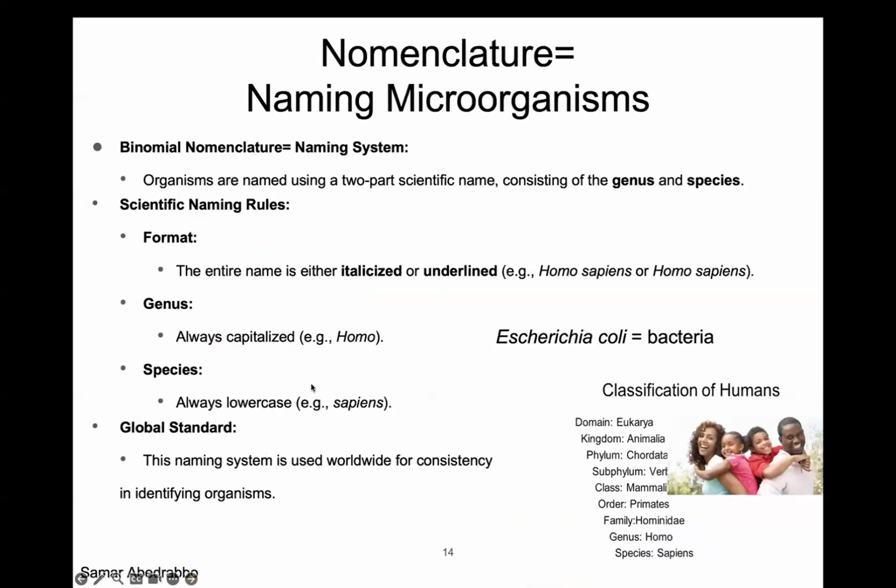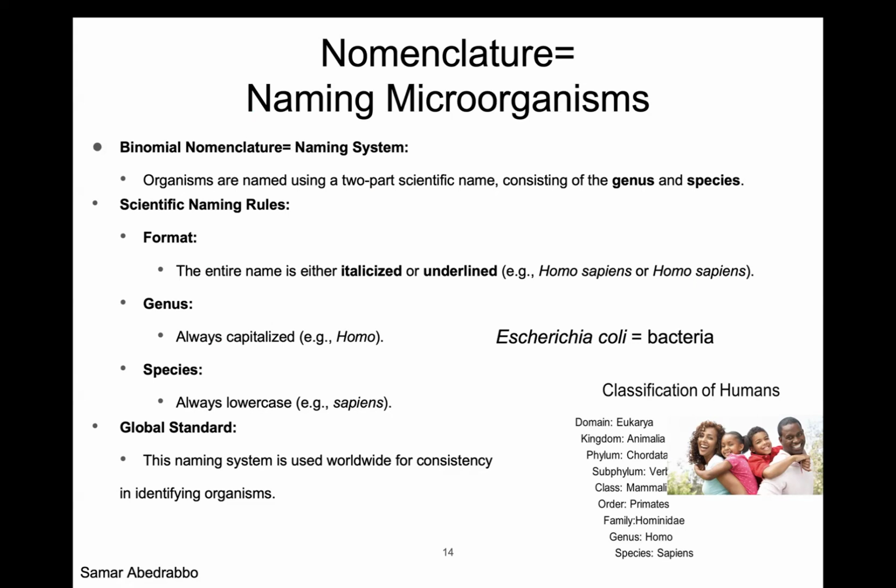Okay, then we get into naming microbes. So scientific naming or naming microbes is called binomial nomenclature, and it's a standard way of naming organisms. Each organism is given two names. We call them the genus and the species. The genus is always capitalized and the species name is always lowercase, and both are italicized or underlined when you write them down.